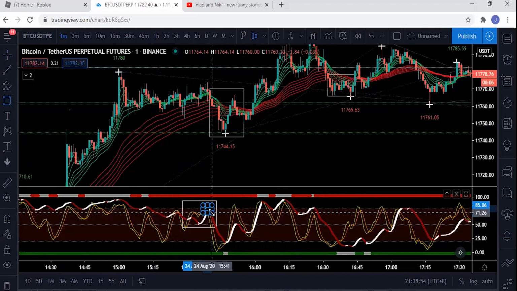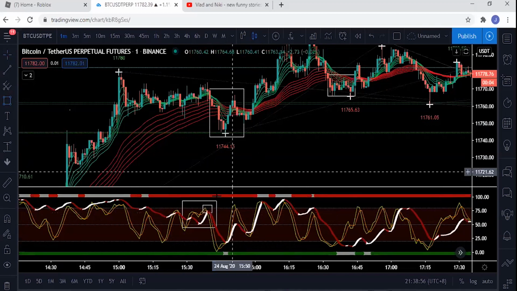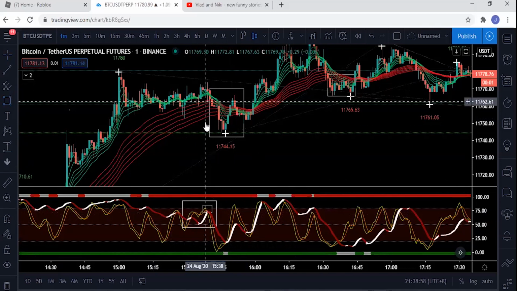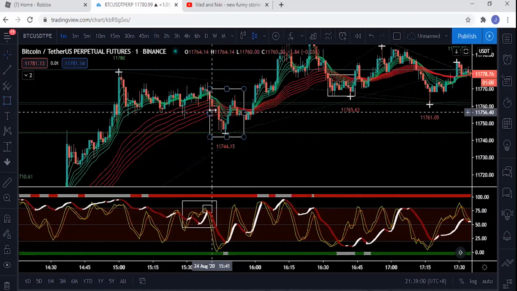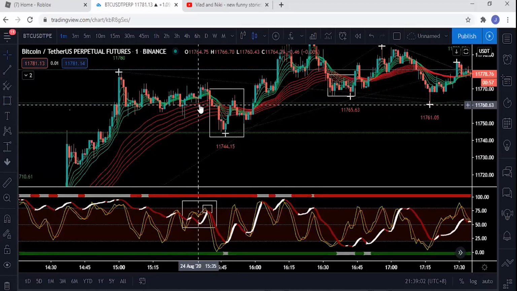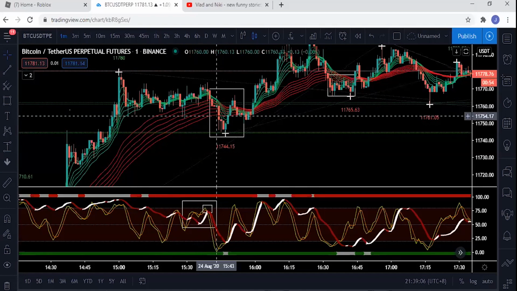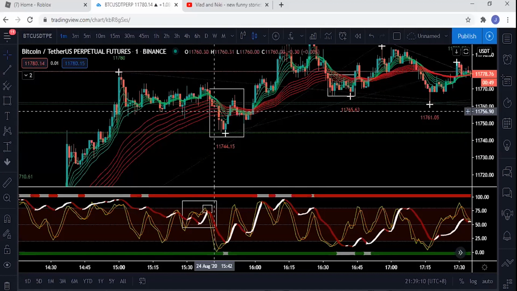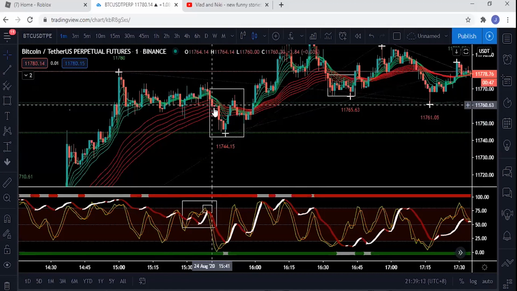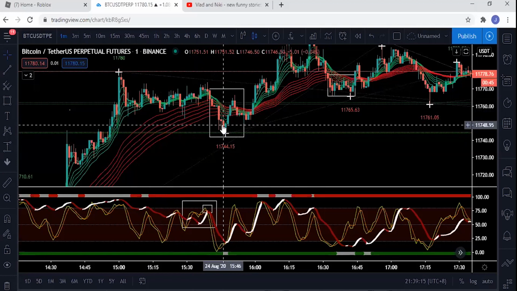This is not really a strong trend because when you compare it to our ribbon, they are still wide, they are not forming a knot or a narrow ribbon. So meaning to say this is just a weak trend.